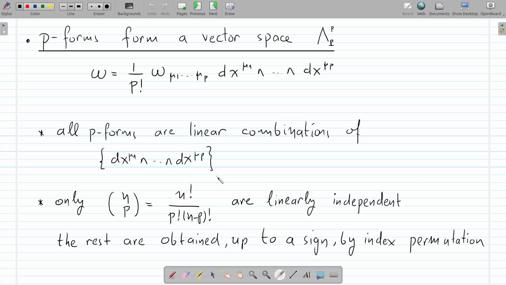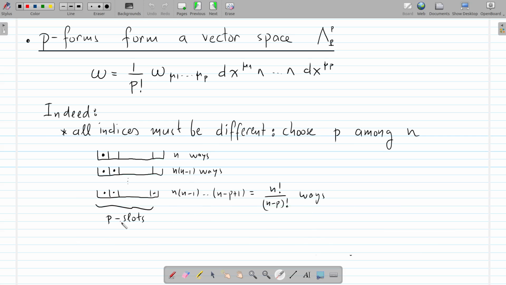So we will soon see that this means that we have to consider the combinations of the p indices, which take n values, and we know that the number of those combinations is given by the binomial coefficient n choose p. Indeed, first we have to choose all those indices to be different, and this can be done in n factorial over n minus p factorial ways.